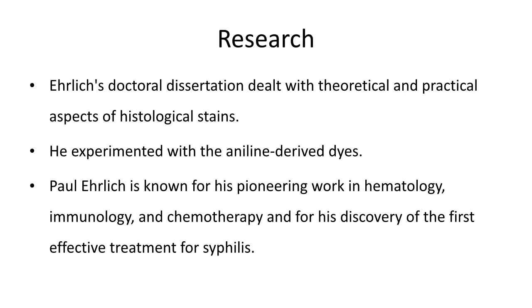Paul Ehrlich is known for his pioneering work in the field of hematology, where he identified the number and types of cells in the blood, immunology, where he gave the concept of the side chain theory, and chemotherapy, where he discovered a magic bullet, or a medicine, for the treatment of syphilis.